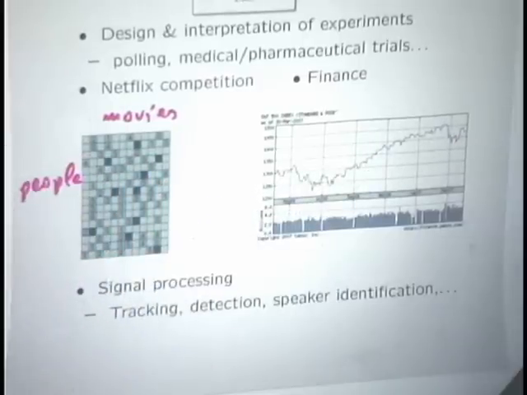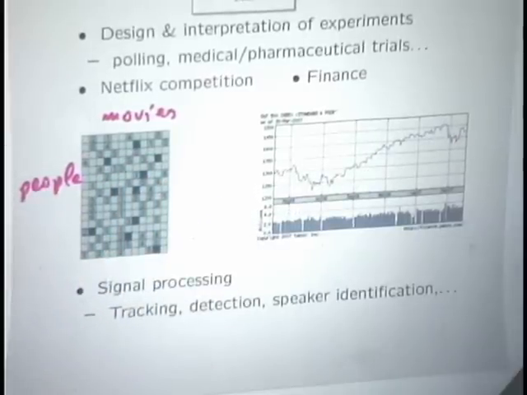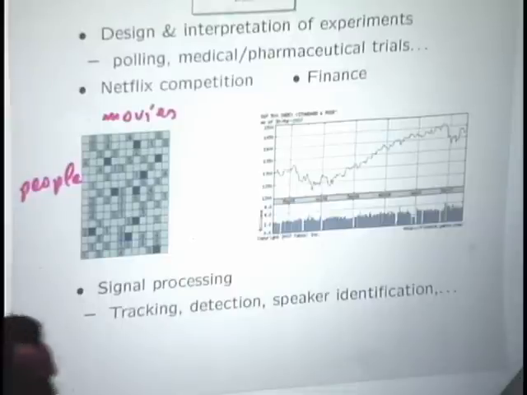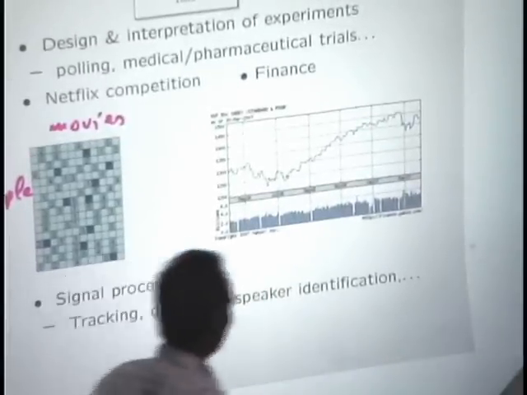And so on. On the engineering side, anywhere where you have noise, inference comes in. Signal processing, in some sense, is just an inference problem. You observe signals that are noisy, and you try to figure out exactly what's happening out there or what kind of signal has been sent.